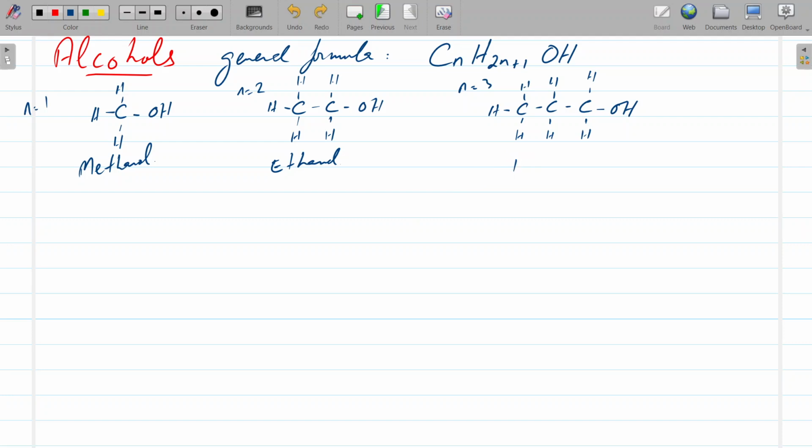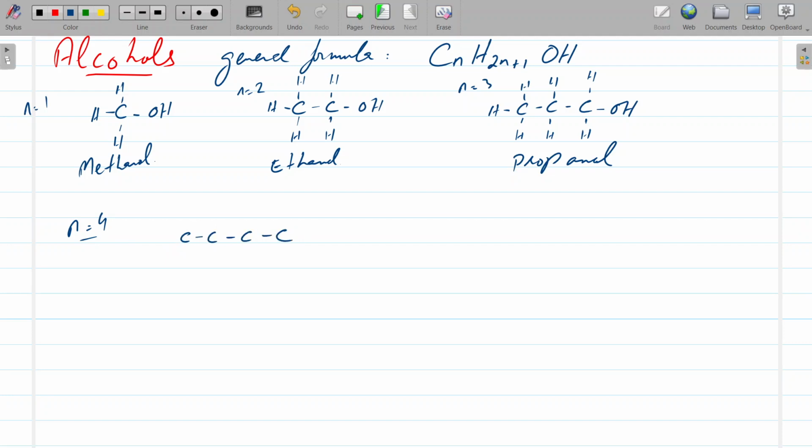How does the name of a 3 carbon compound start? Methanol is 1 carbon and we already did that. Prop. So propanol.